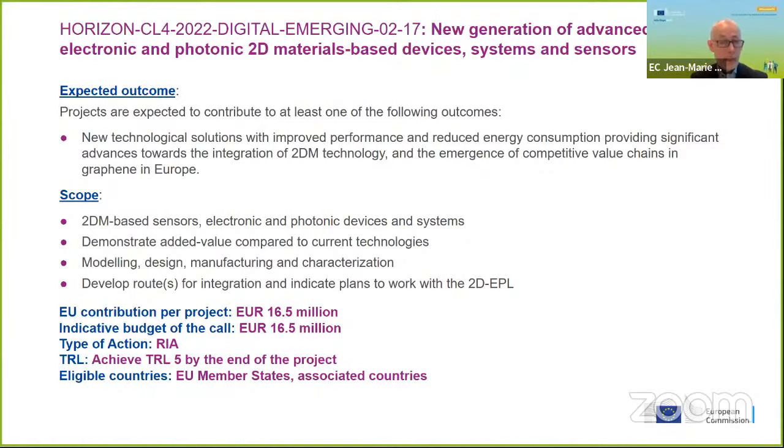It's about establishing an experimental pilot line to integrate graphene and 2D material into the existing semiconductor platform. So what we expect from the proposal is that they indicate plans for how their developed devices and systems could take advantage of this 2D EPL.